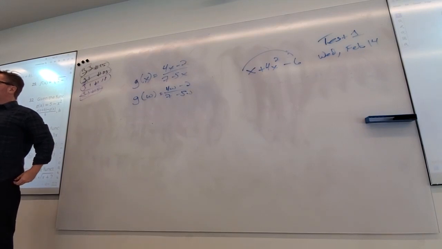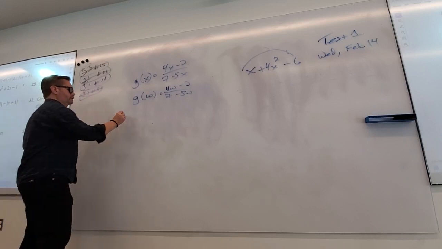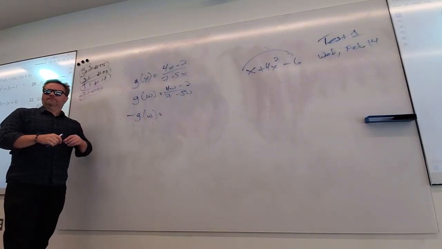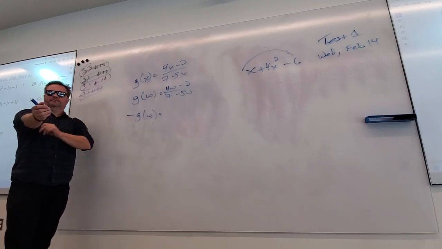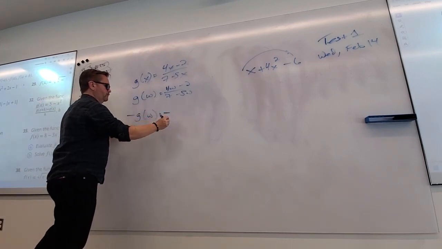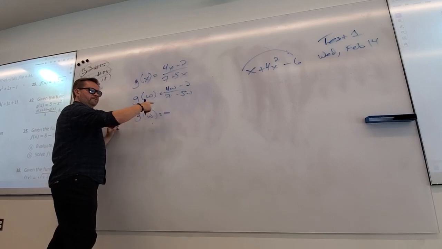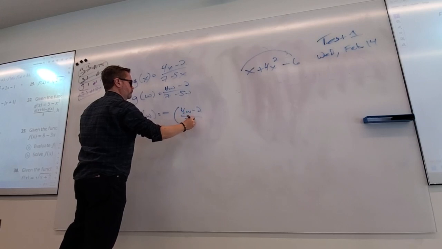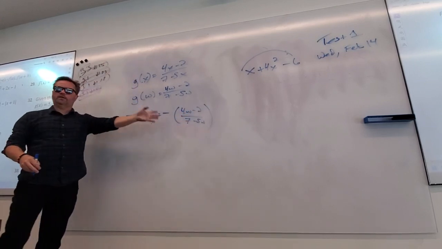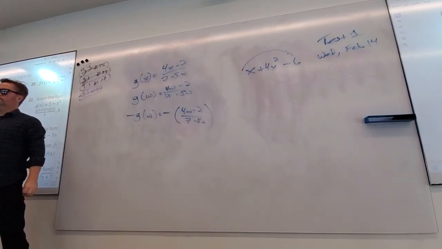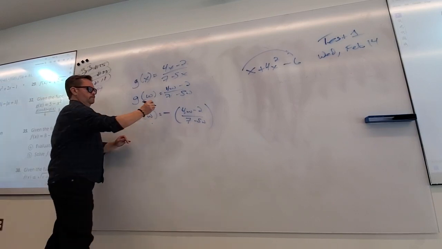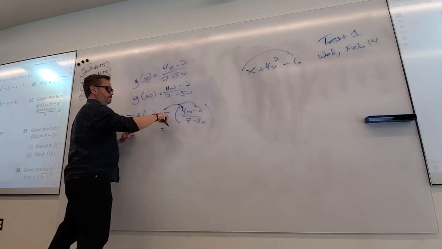Right, function notation is so single-minded. What is negative g of w? It's negative, and what's g of w? 4w. All right, so how do I do that? Distribute the negative sign. What do you get?